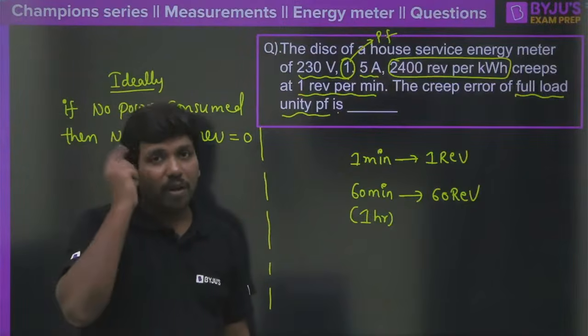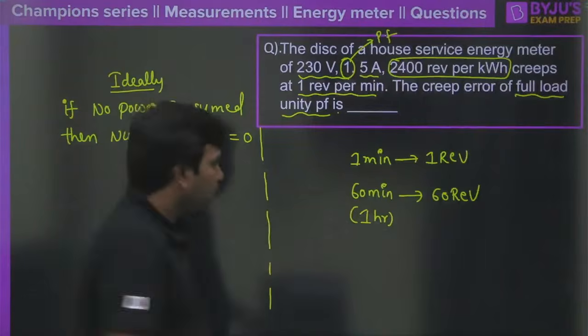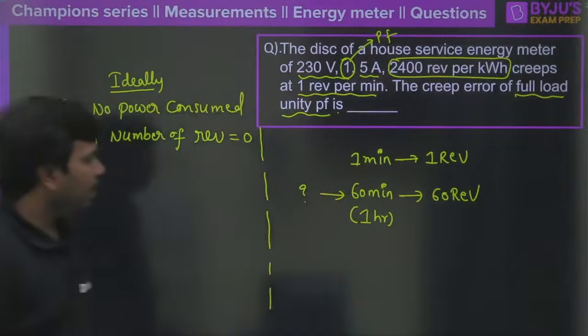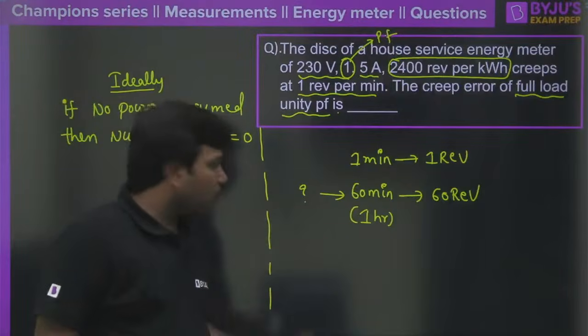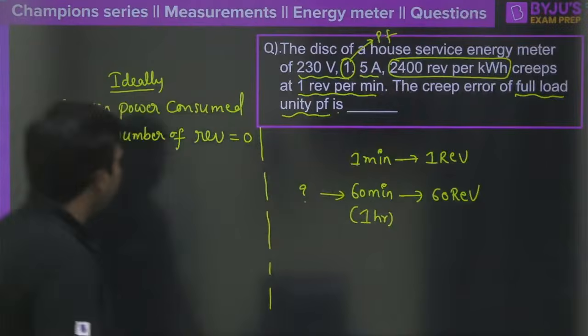Now apply your common sense. Clear? So in 1 hour it can make 60 revolutions. So this corresponds to how much power here? Can you get the power of this? To get that power consumption, we again need to use the meter constant. What was the meter constant?